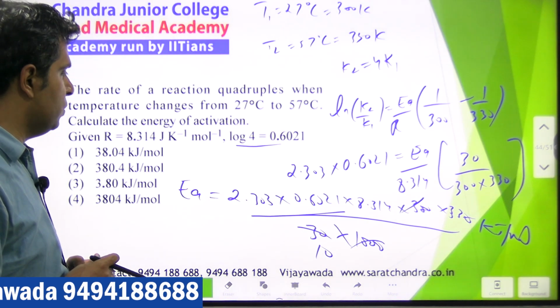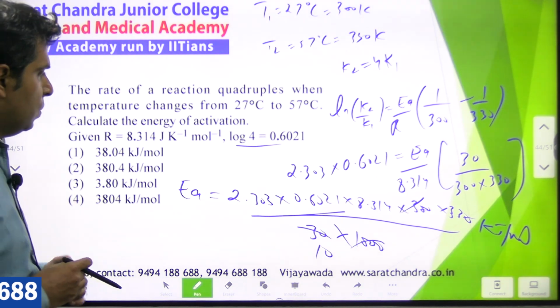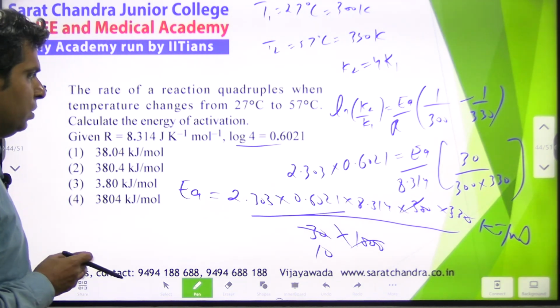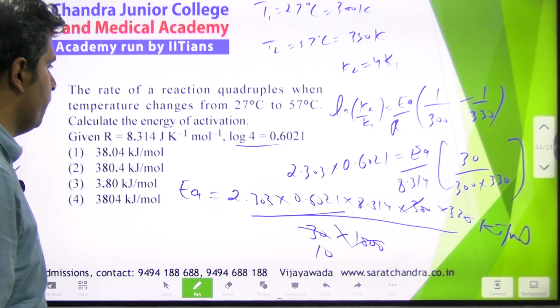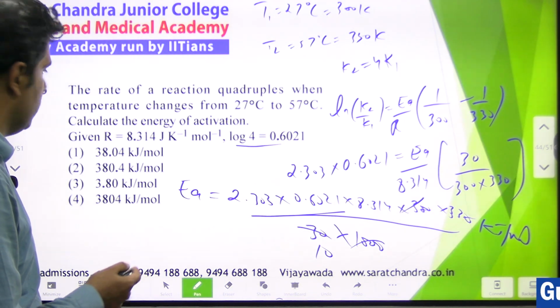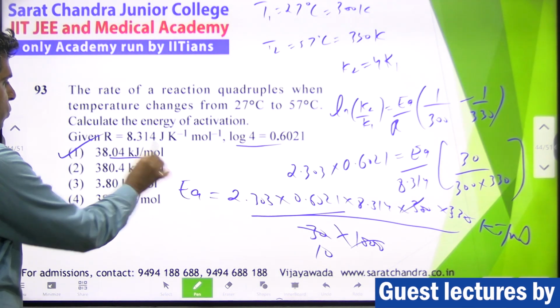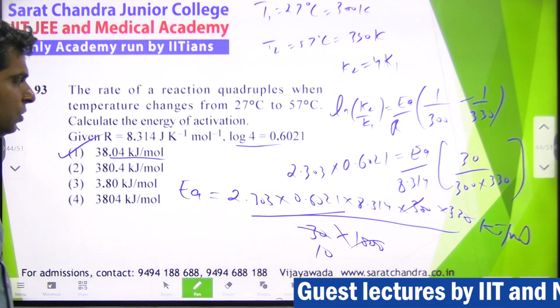Then 0.602 and 2.303, so around 380, then divided by 10. So if you take around 380, then divide, 38. So in kilojoules, it will come out to be 38.04.